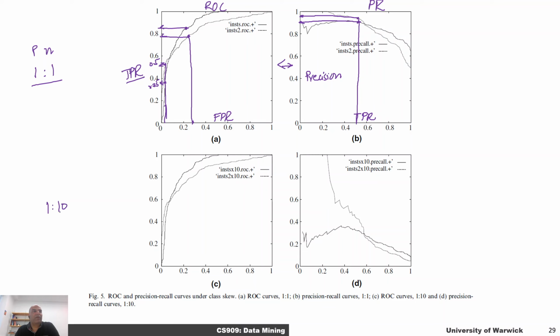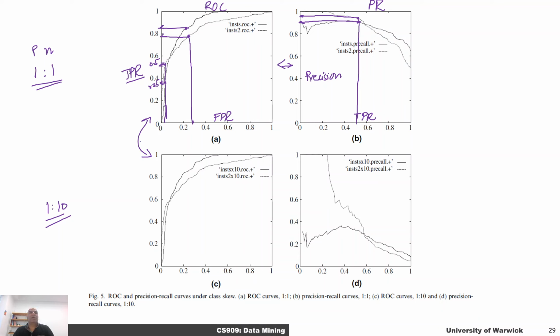So let's say the ratio of the positive to negative examples is 1 to 10. So for every 10 negative examples, there is a single positive example. Then we have got class imbalance. Now, the ROC curve is not impacted by this class imbalance. Therefore, as long as the classifier is the same, and the only thing that changes is the ratio of the positive to negative examples, you are going to end up with the same ROC curve as you had for the class ratio of 1 to 1.